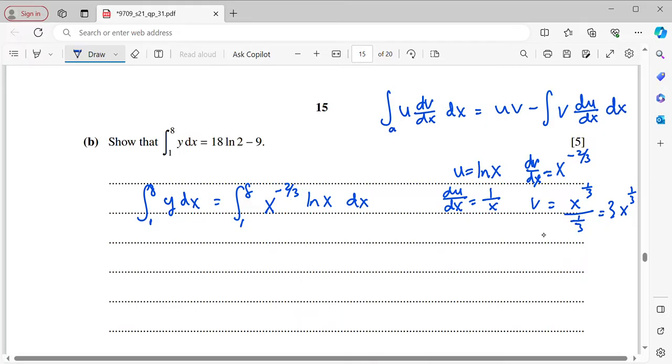If with limits a to b, you just add on the limits for all the terms. So now here I will just apply the formula uv. So I will write 3x to the power 1 over 3 ln x with limits, minus integral of v du.